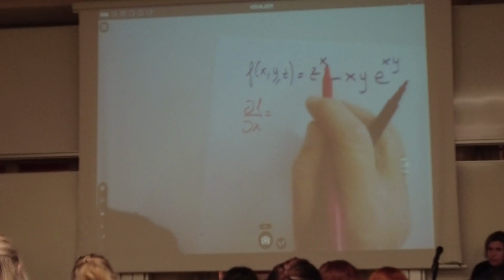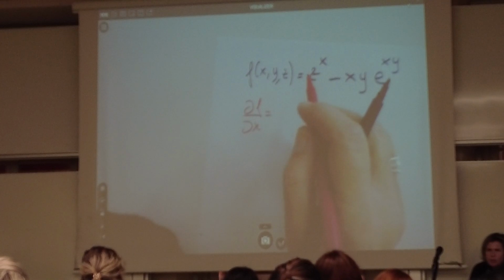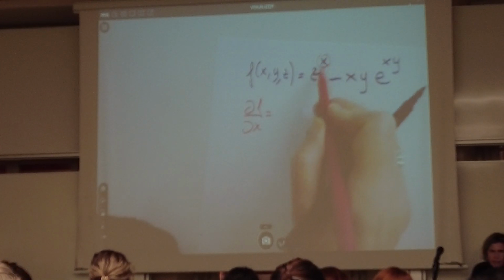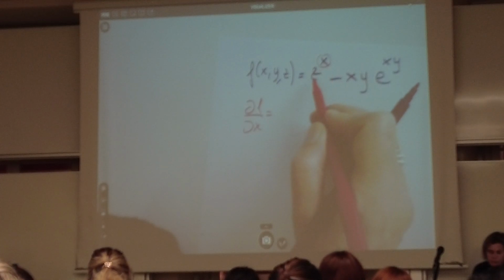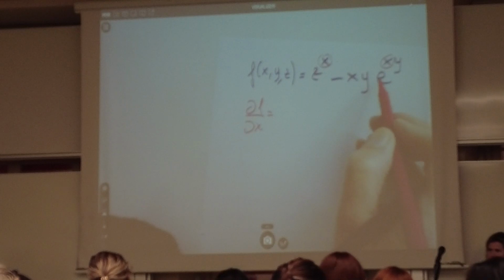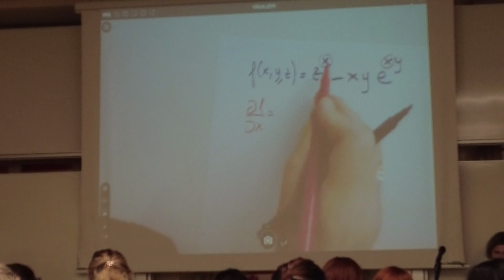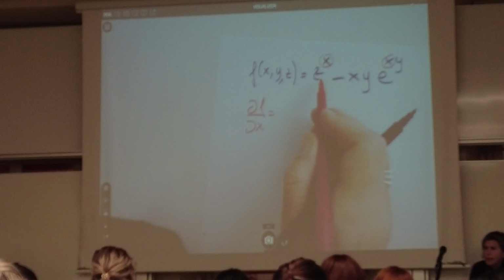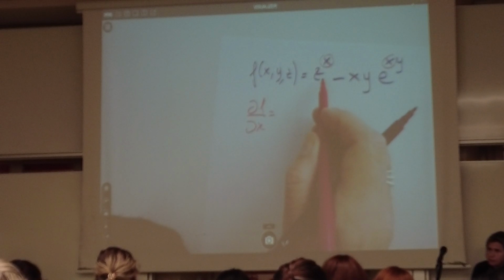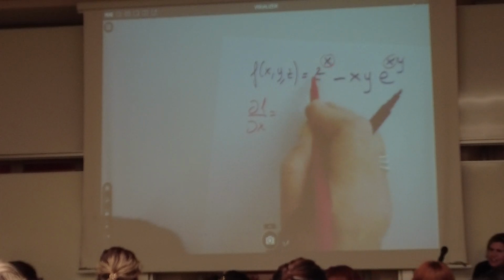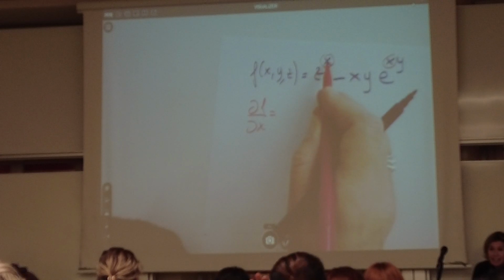x is, please follow me very carefully, try to be so much concentrated on that. x is in the exponent. Again, x is in the exponent. Nothing else. I don't have any more rule than the exponential rule. It's like you have a number, because z now is a number, with an exponent that is x.